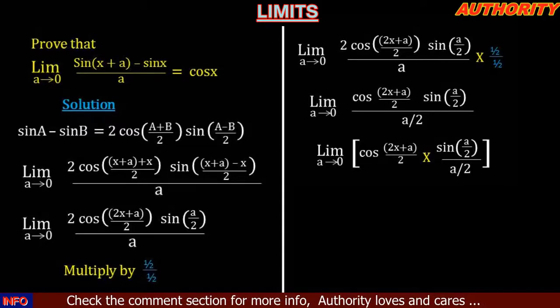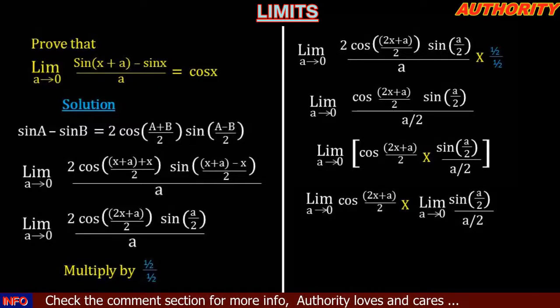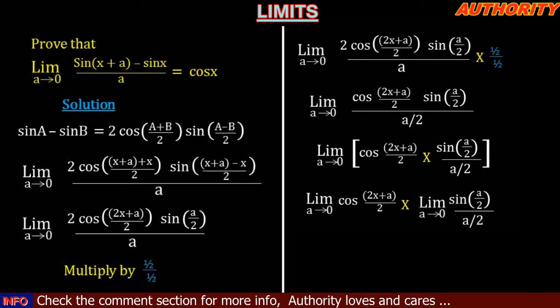Okay? Good. Now, as we split this into 2, let's distribute the limit. That means we are going to have limit as a approaches 0 of cos (2x plus a) all over 2, times limit as a approaches 0 of sine a all over 2 all over a all over 2.